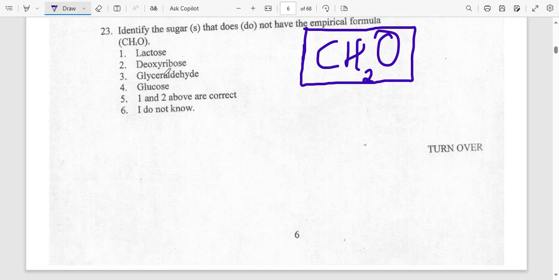That's why we call it deoxy. So this one will not have that empirical formula. Lactose. Lactose will also not have. Why? Because it's not a monosaccharide, it's a disaccharide. Okay? So disaccharides, polysaccharides will not have this empirical formula. This empirical formula is for monosaccharides, except the deoxyribose. So the best option is 1 and 2.